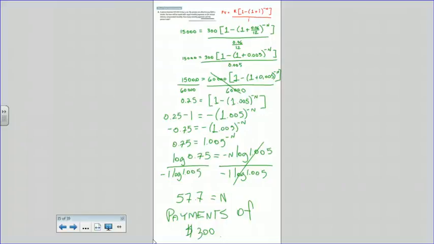What do you get? 17,400. How much more is that than the car purchase price? 2,400 more. What does that represent? Interest. The bank is making $2,400 on you because you kept your monthly payment low.